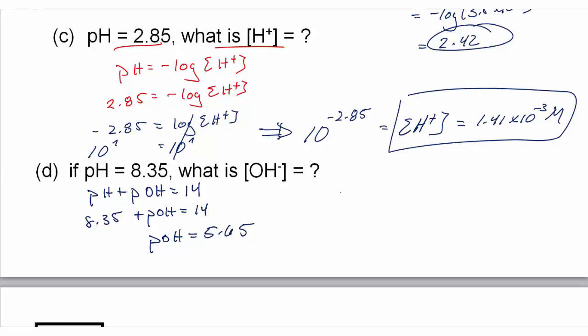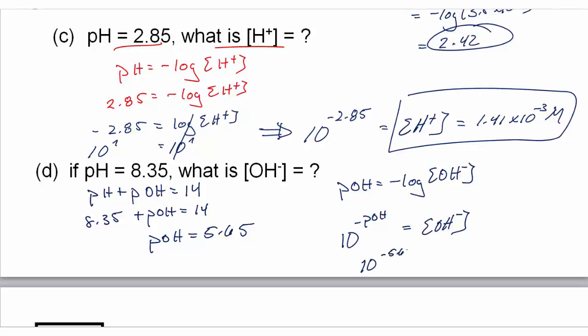Now I can use my other expression. pOH is the negative log of the hydroxide concentration, right? So 10 to the negative pOH will be my hydroxide concentration. So 10 to the negative 5.65 will be hydroxide.